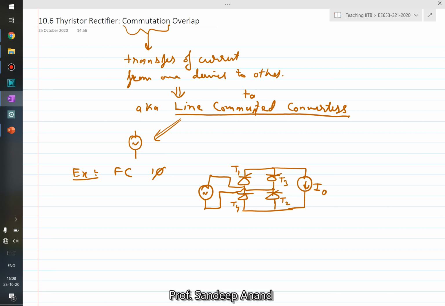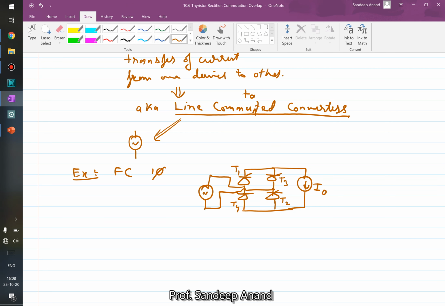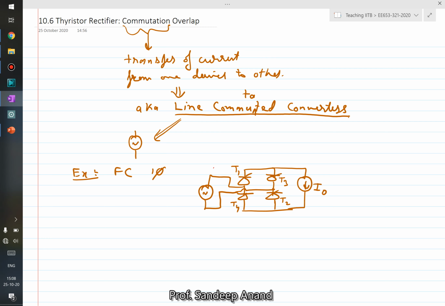So let's say T1, T2 are conducting. That means current is flowing in this direction, right? And when suddenly T1, T2 stop conducting, and T3, T4 start conducting, in that case, the current in the input side, instead of flowing like this, would just suddenly start flowing back because T4 will start conducting, right?